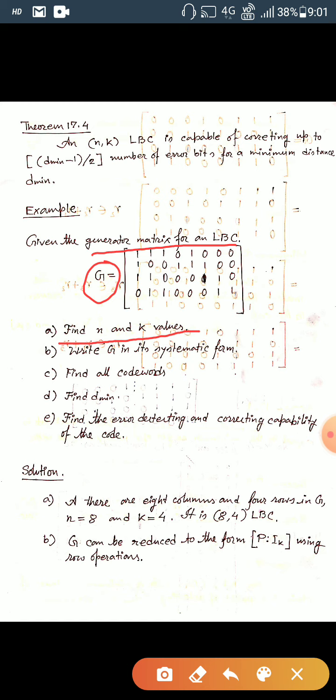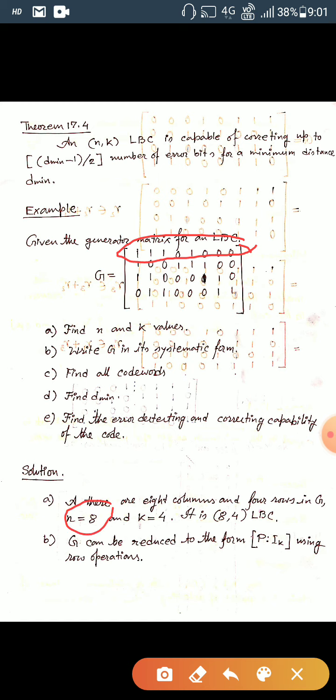So how many bits are used to build a row? If you consider the first row, the number of bits to design the particular row is total 1 2 3 4 5 6 7 8. So n is 8.